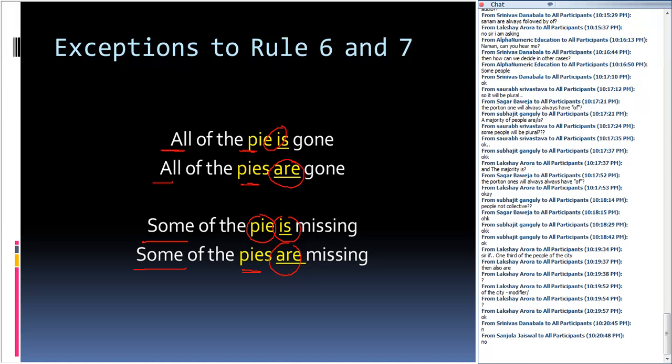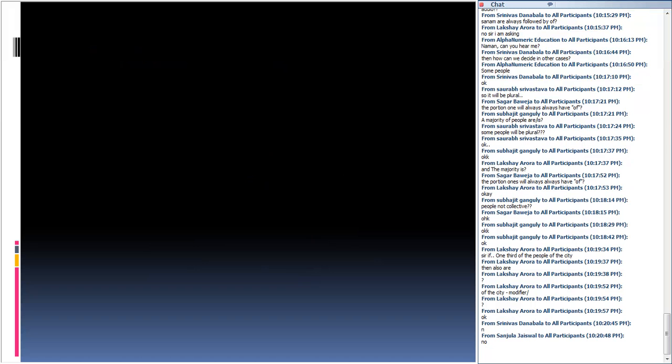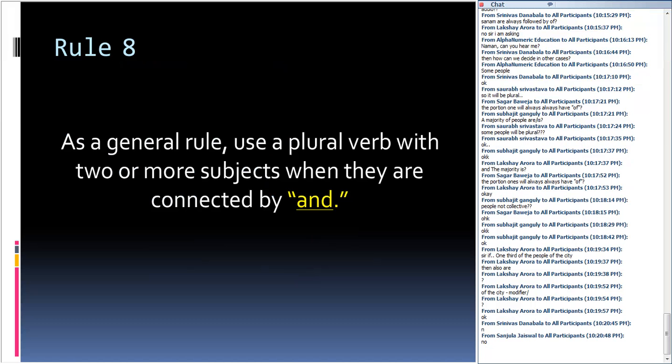Okay, so let me take you then to rule number 8. Rule number 8 states that as a general rule, you will use a plural verb when there are 2 or more subjects and they are connected with the word and.